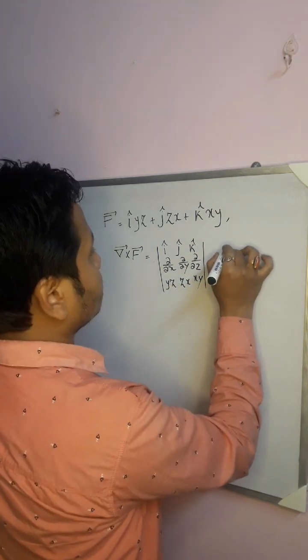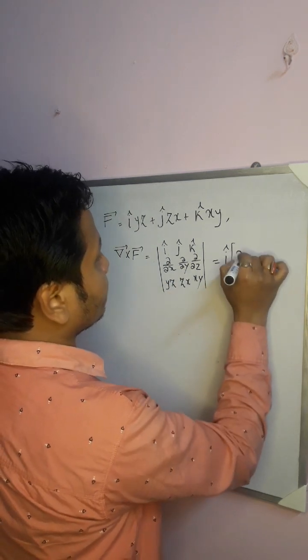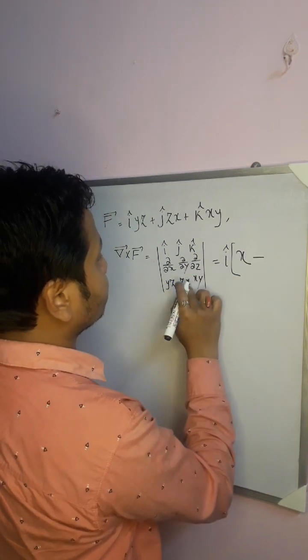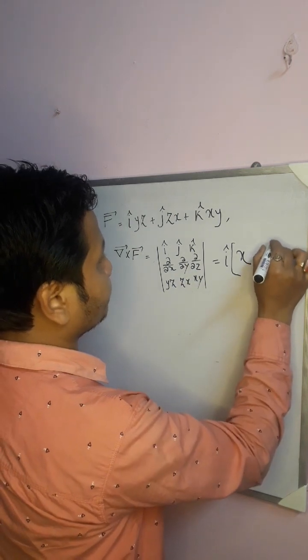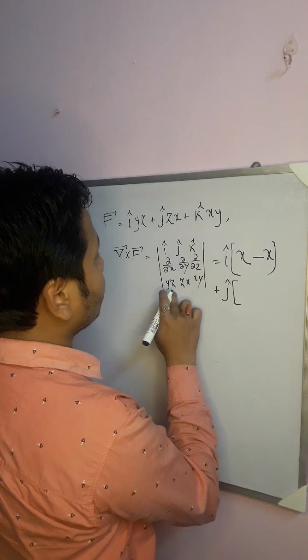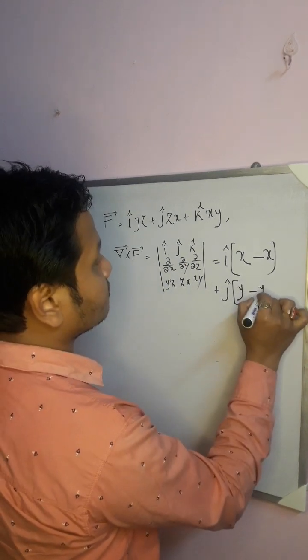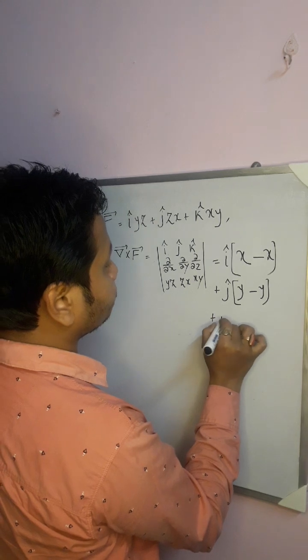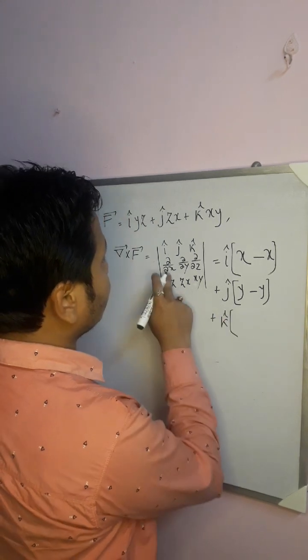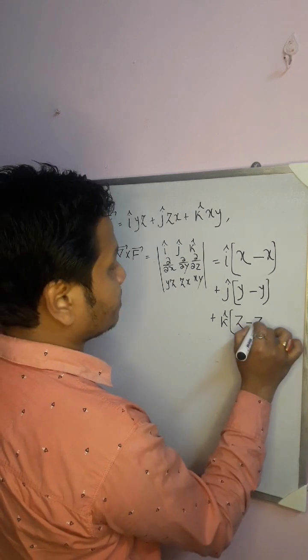So this is del/del y of xy, which means x, minus del/del z of zx, which means x, plus del/del z of yz, which means y, minus del/del x of xy, which means y, plus del/del x of zx, which means z, minus del/del y of yz, which means z.